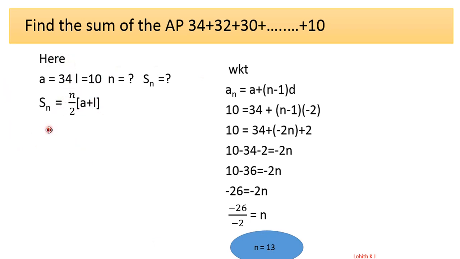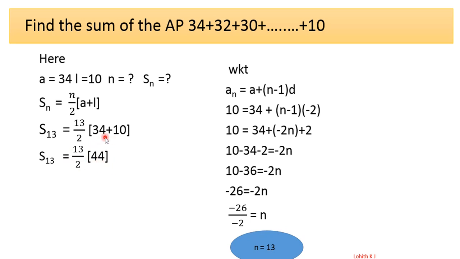The value of n is 13, so S13 = 13/2 (34 + 10), where a is 34 and l is 10. Now we simplify step by step. S13 = 13/2 × 44, since 34 + 10 is 44.